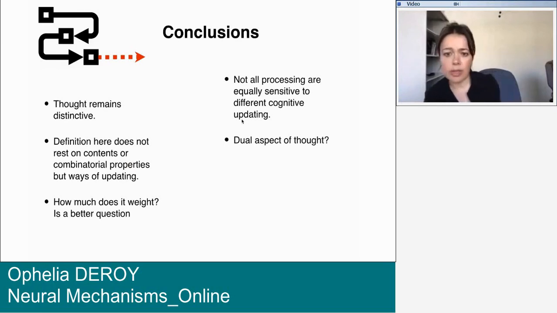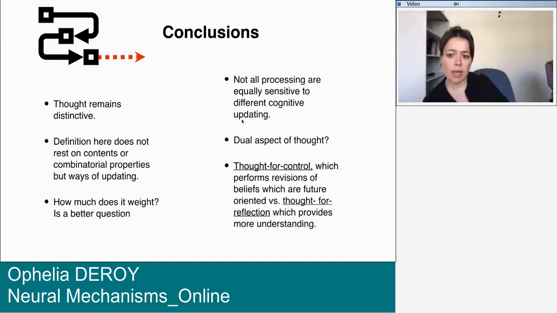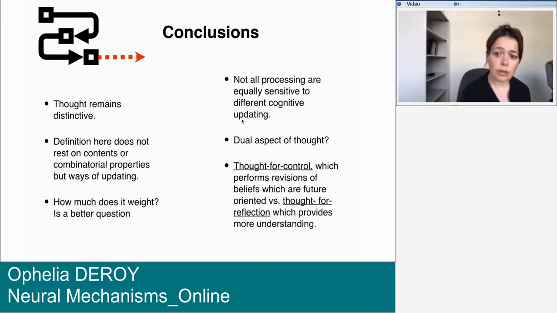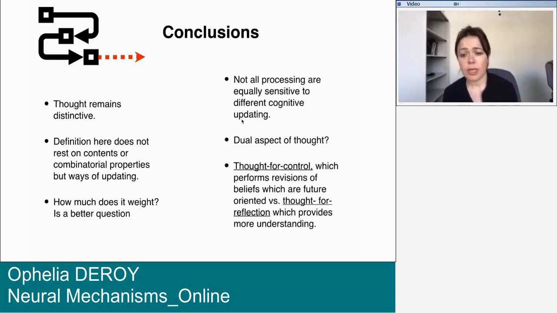Maybe there are some aspects of these predictions at the higher level which are responsive to linguistic communication, and some which are not, and vice versa, some which are responsive to reflective updating and some which are not. That would lead to something like putting an S at cognition or an S at thought, thinking that there is thought for control and thought for reflection, and that these two can come apart. So that's the very speculative part and conclusion.